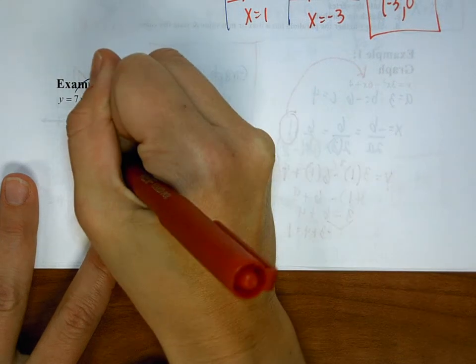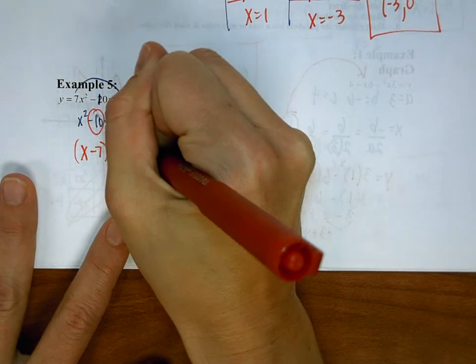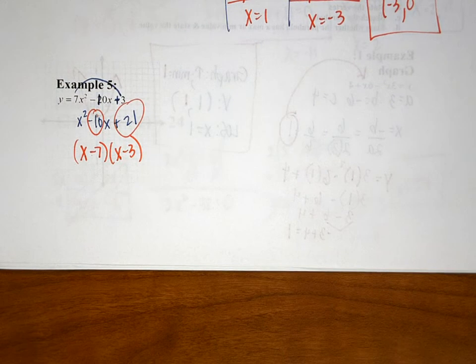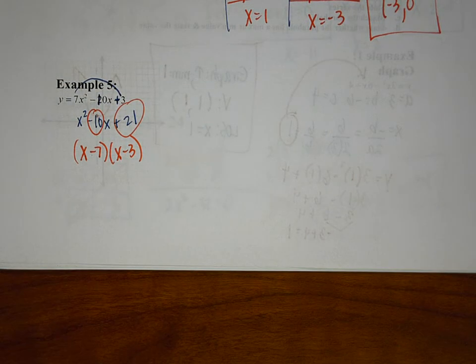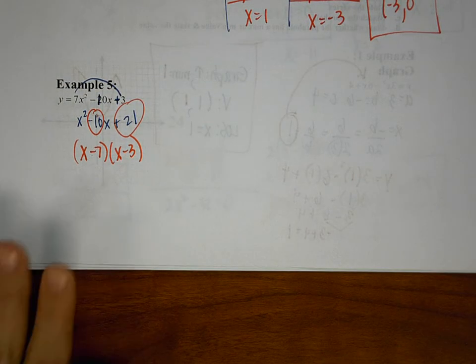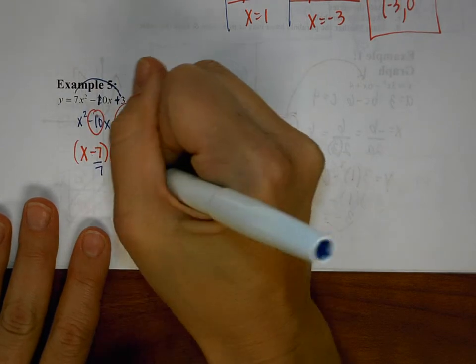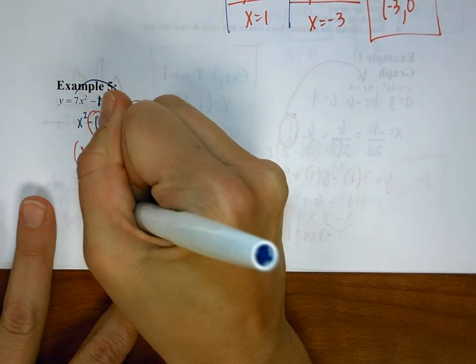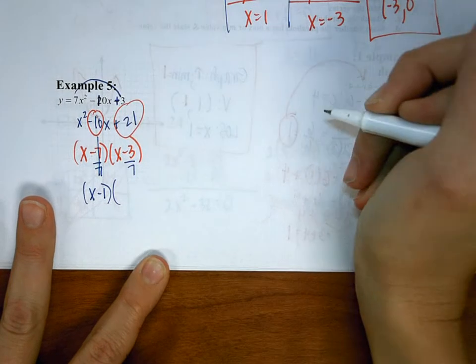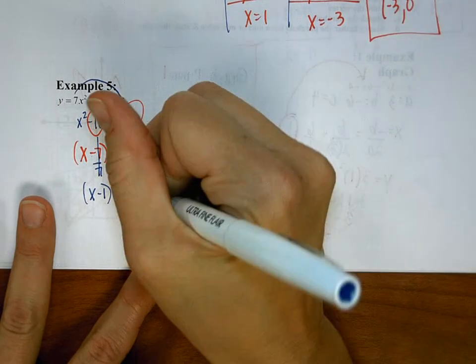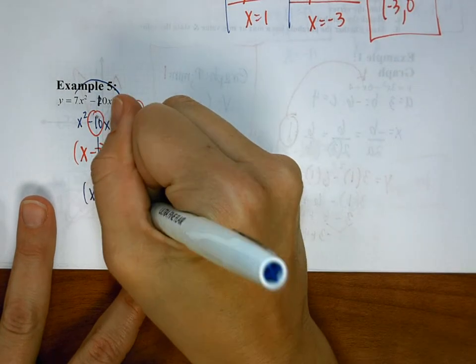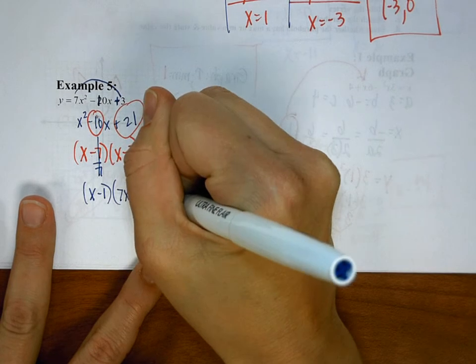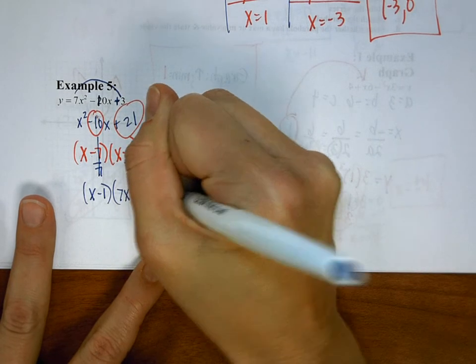X minus 7 and x minus 3. And once I do that, I need to remember to go under by 7. Good. So we go under by 7 and reduce. This reduces, so we get x minus 1. Here, that one doesn't reduce, so we bring our bottoms up and we get 7x minus 3. And we're going to set these equal to 0.